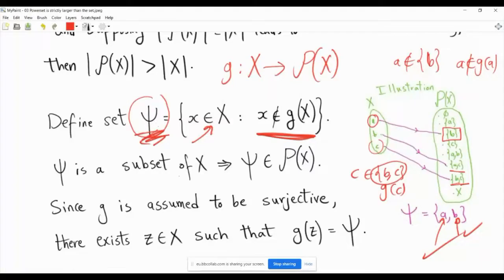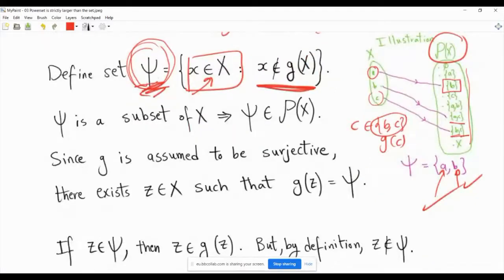And of course, this is a subset of X. Why is it a subset of X? Well, we construct psi by going through the elements of set X. So we end up with something that is a subset of X. If psi is a subset of X, then it must live here in the power set of X, because by definition the power set contains all possible subsets of big X. So psi is in the power set of X.